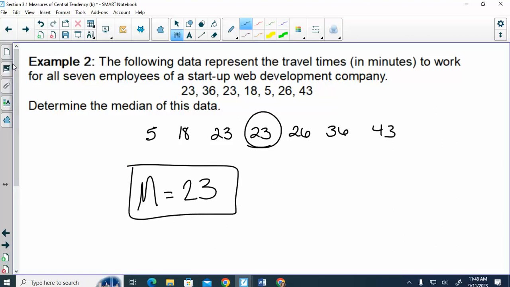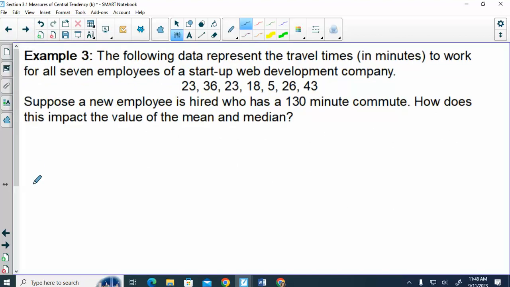All right. Let's say, I'm just going to keep building on this example. If I add a new employee, and that person has 130 minutes for their commute time, how does this value impact the mean and the median? Increases them. Okay. Let's calculate the mean and median.